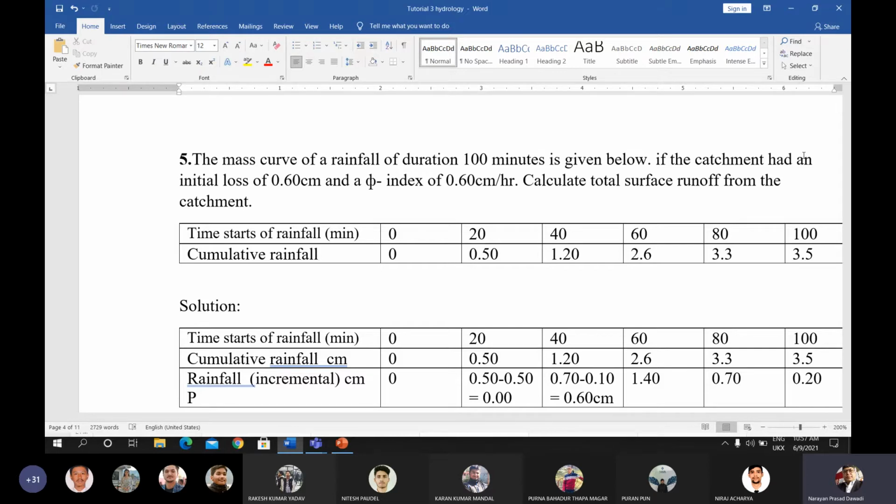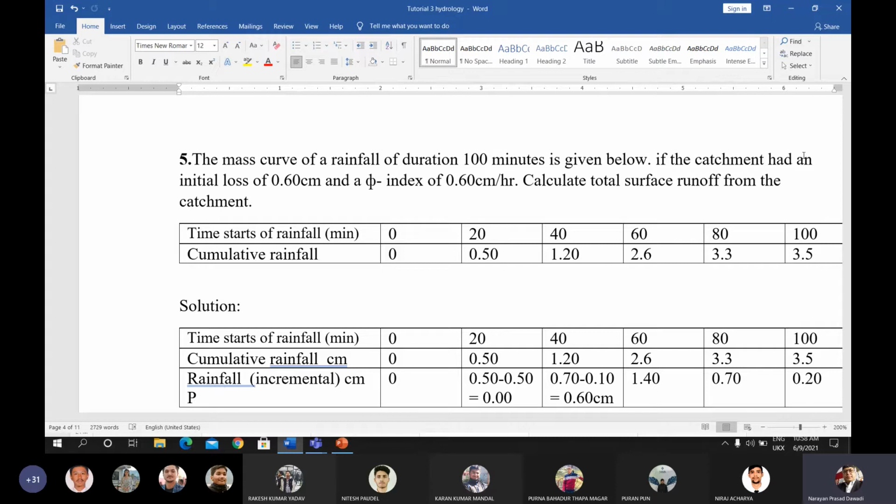For the initial loss, there is no contribution of infiltration. That initial loss is generally evaporated back into the atmosphere as soon as possible. The initial loss is provided as 0.60 centimeter.